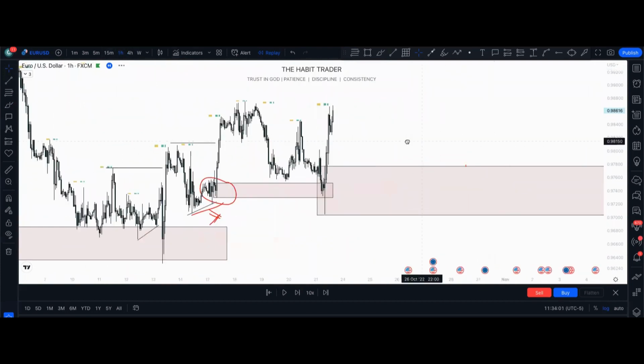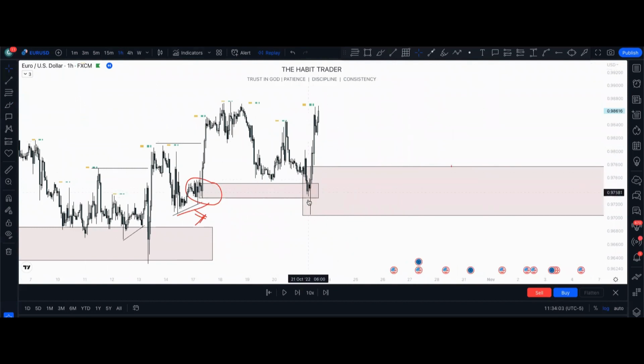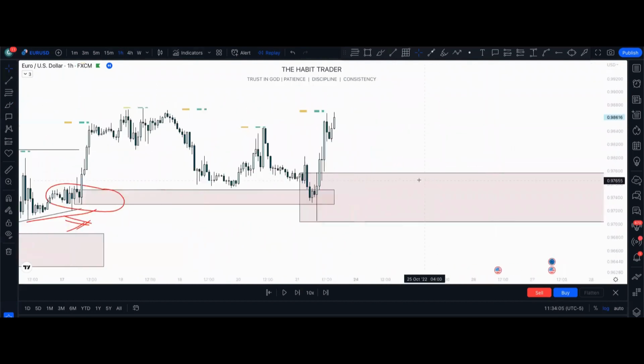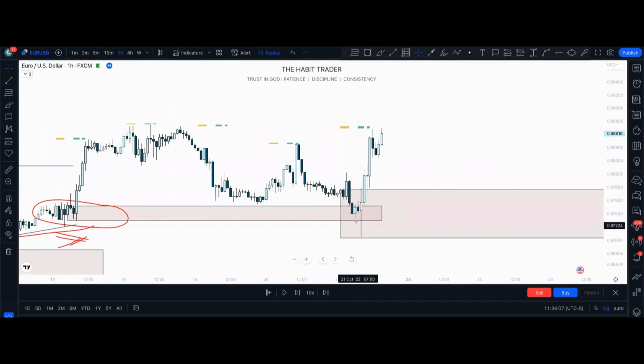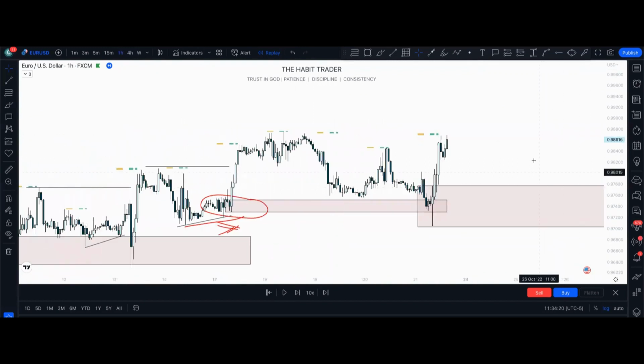So in here, after getting the liquidity below this demand zone, it really took off. So yeah, that's it for a chart example for demand zone.